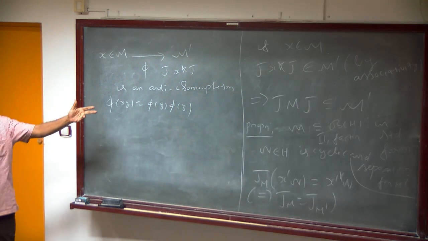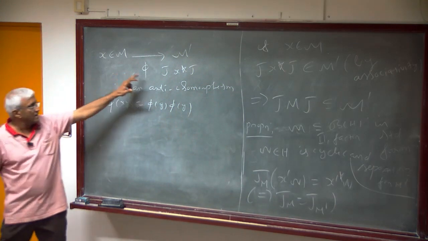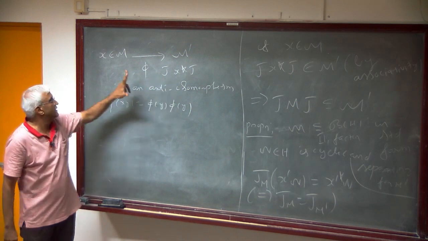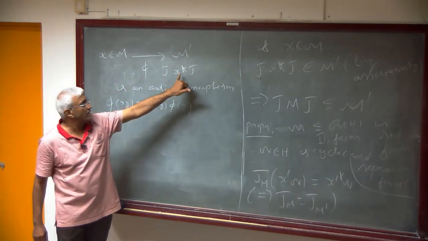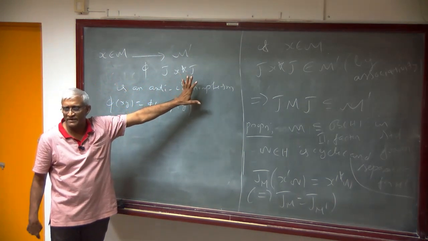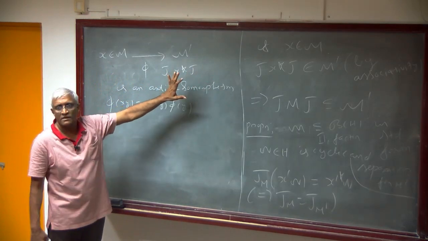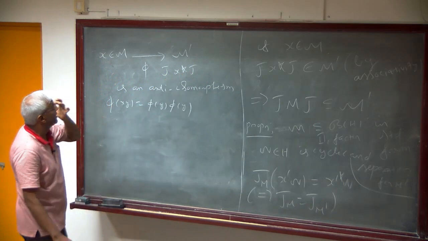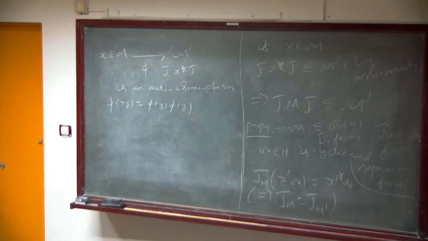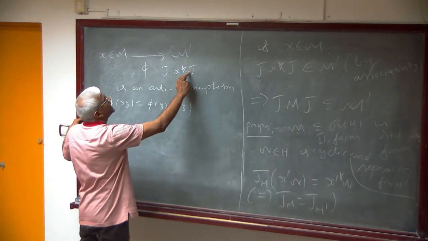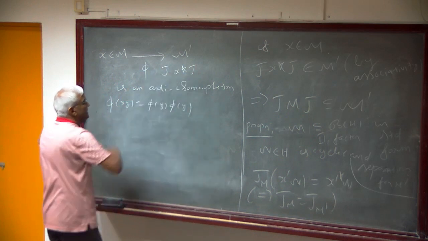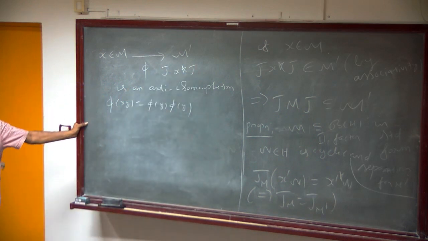It reverses the product. But is it a linear operator? X going to J x star J, is it linear? No, it's not linear. If you have a lambda, it will become lambda bar, it is antilinear, sorry. And it reverses the product, yeah.